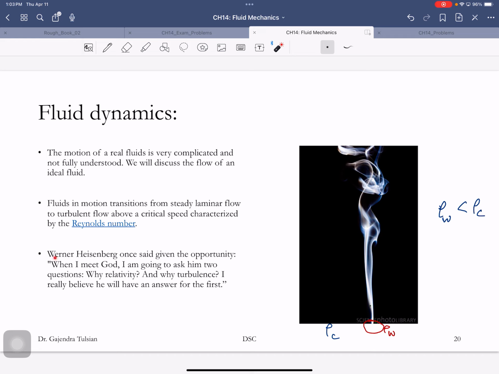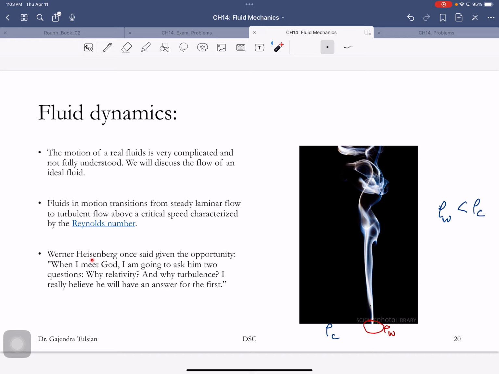Here's a quote I like. I don't know if you've heard the name Heisenberg, but he was one of the guys instrumental in inventing quantum mechanics. He's a contemporary of Einstein, of the same league as Einstein.